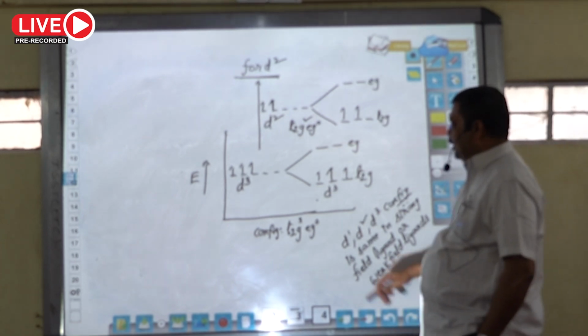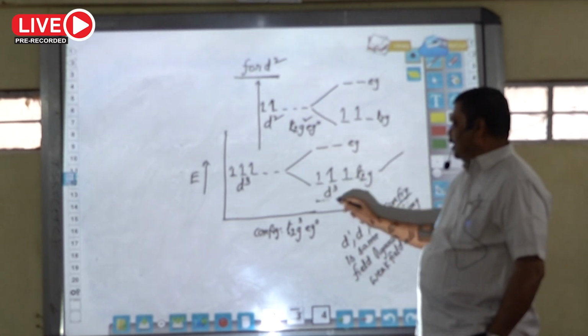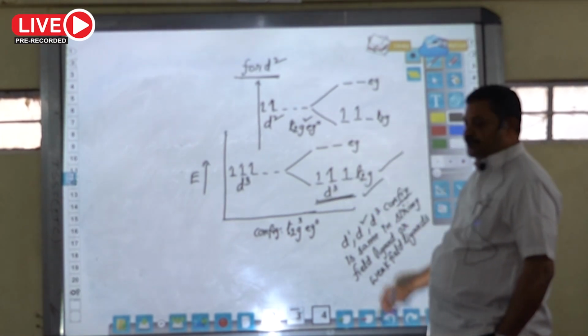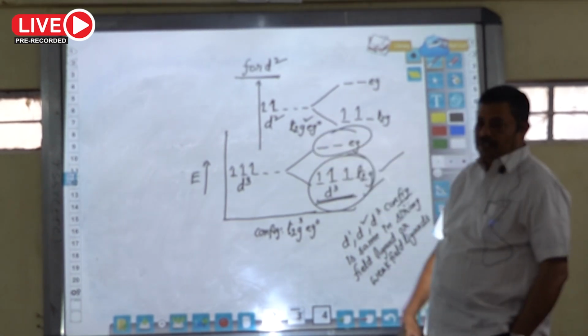Whether it is d1 or d2 or d3, the lower energy t2g is occupied first. So it is t2g3 eg0.